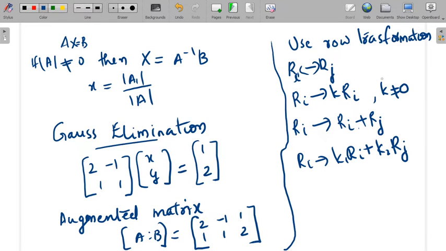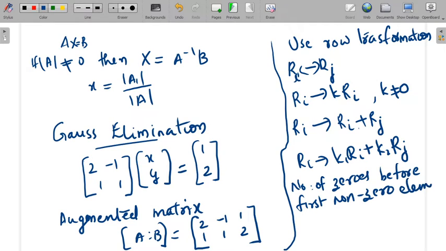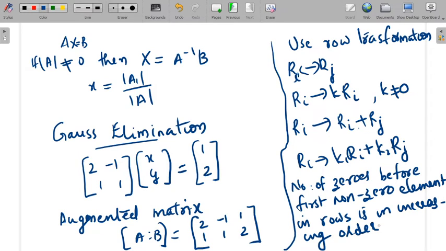We make use of row transformations so that the number of zeros before the first non-zero element in rows is in increasing order. So the number of zeros before the first non-zero element.